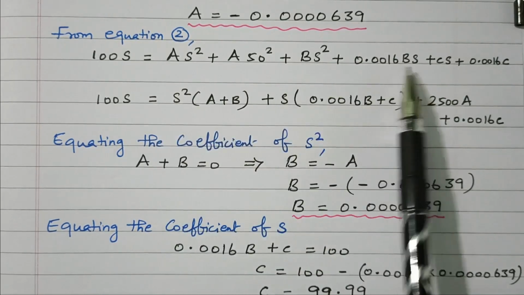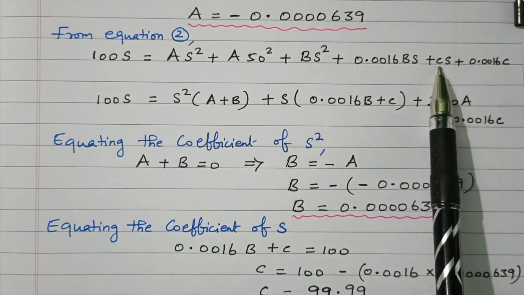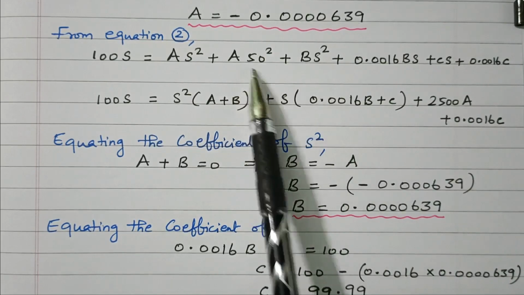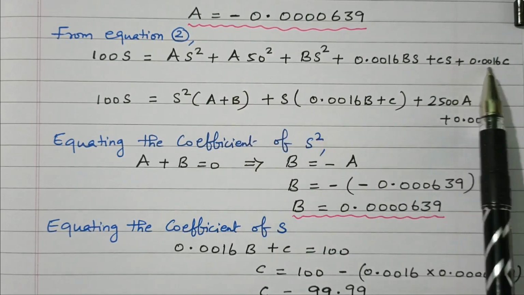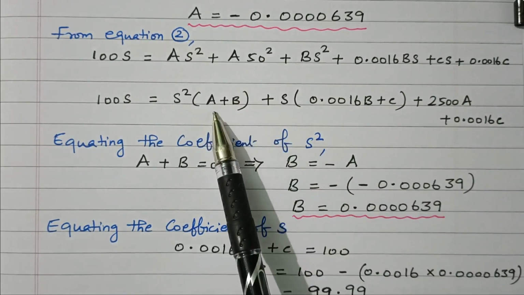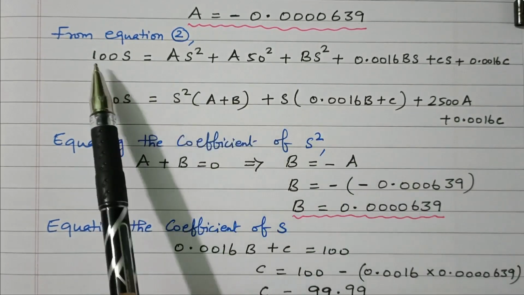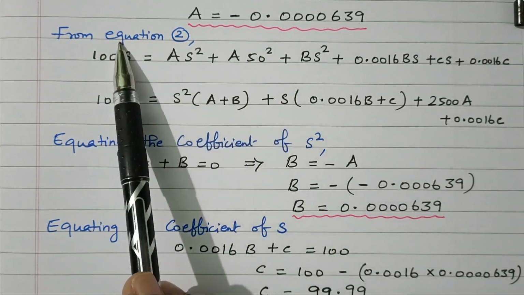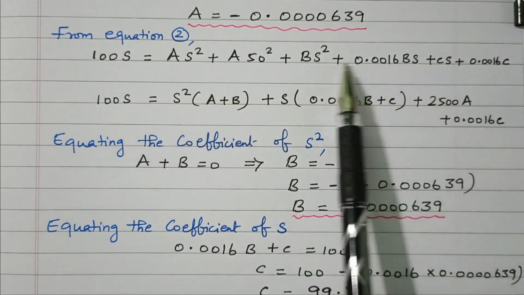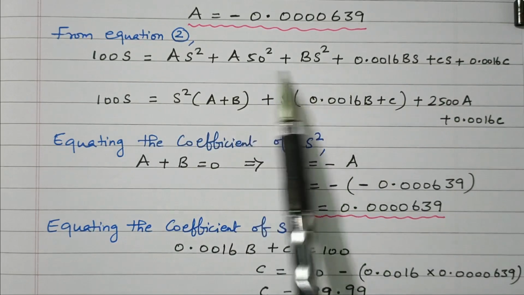Here S is available. So 0.0016 B. Here one S is available, C. This A 5 square, that is 2500 A. 0.0016 C. These two are constant. So this is coefficient of S square, coefficient of S, and constant. So this equation is nothing but from equation 2 after expanding we got this. That is simple.